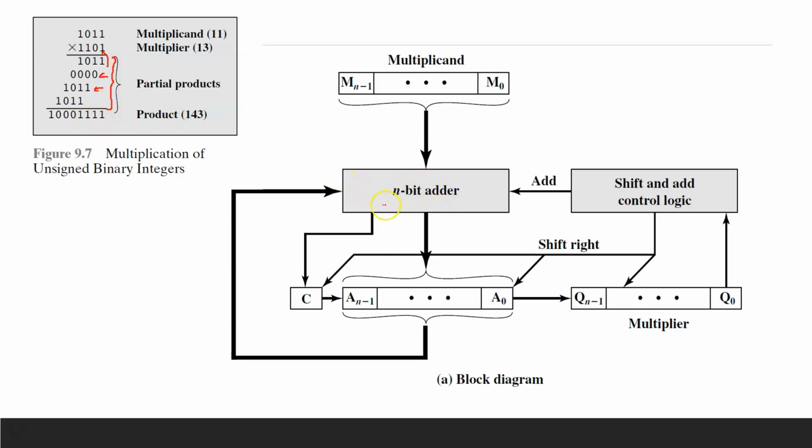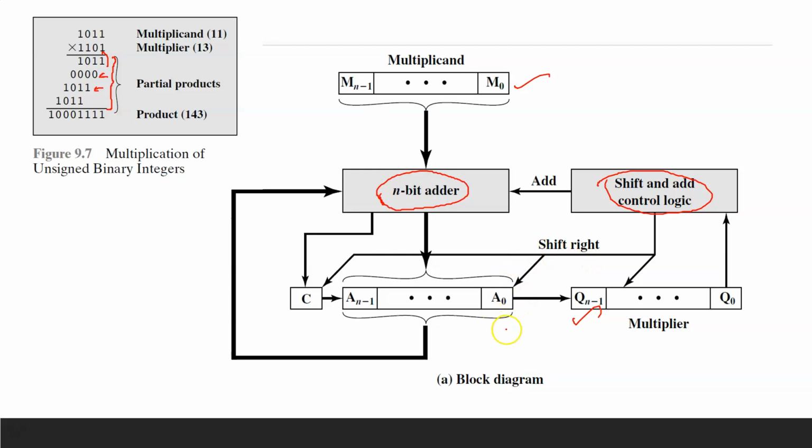The circuit has an n-bit adder, which can be a carry look ahead adder, and you have a shift logic also. So, M is going to be a multiplicand, which is stored in a register, and Q is going to be a multiplier, which is stored in another register, and based on the shift and control logic, the shifting operation is given.